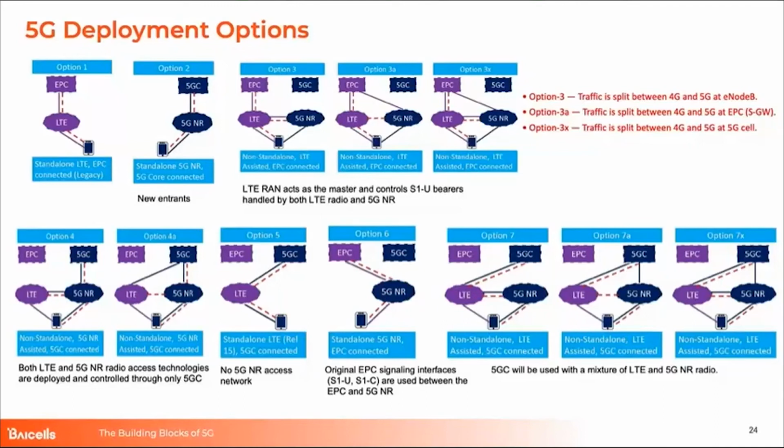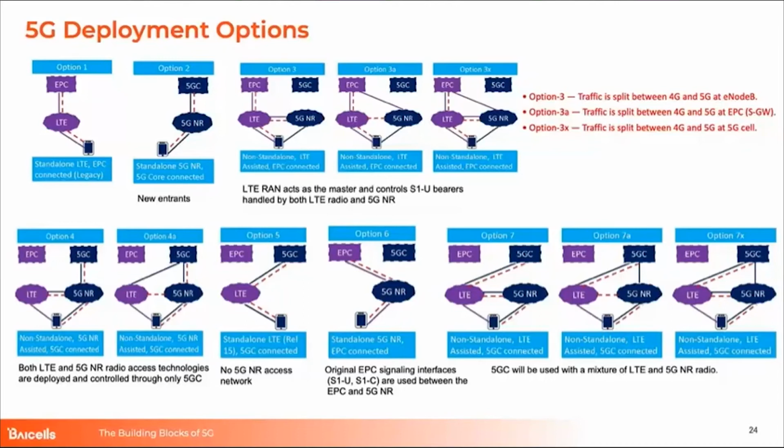There are so many scenarios, but the easiest way is to introduce the gNodeB and not introduce the core, because introducing the core would complicate things at the beginning. So introduce your gNodeB, update your EPC software to handle that, and then you can slowly bring in the 5G core connectivity towards the end of your journey.